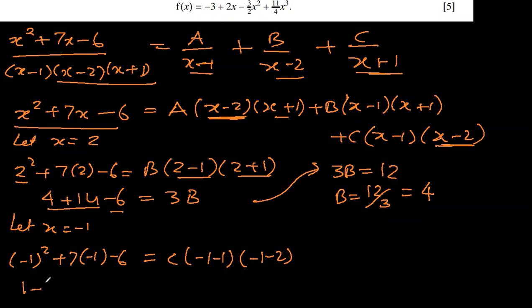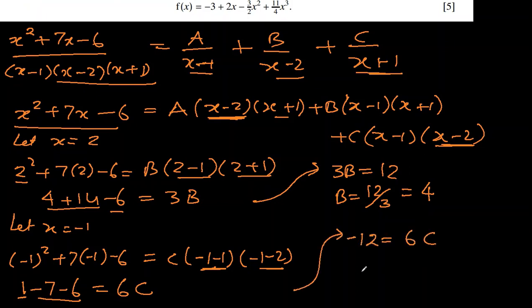Minus 1 square is 1, minus 7, minus 6 equal to minus 2, minus 3, 6c, positive 6c. Alright, so minus 13 plus 1, minus 12. So minus 12 equal to 6c. C becomes minus 12 over 6, which is minus 2. So two of them we got.